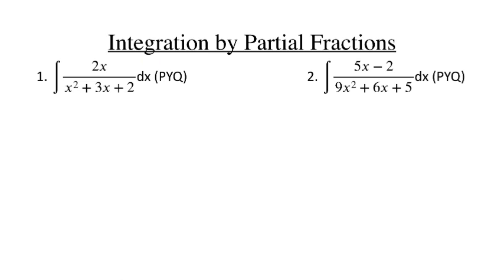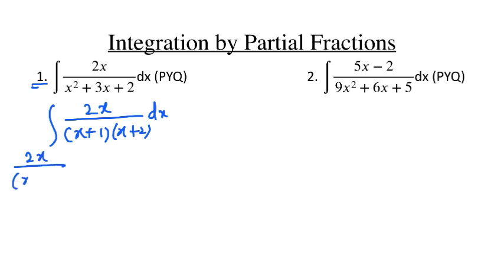Here in this first question, can you see there is this denominator x square plus 3x plus 2. Let us check if this can be factorized. So we can clearly factorize it as x plus 1 into x plus 2. So once a quadratic polynomial can be factorized, we will just pick up this 2 upon x plus 1 into x plus 2.